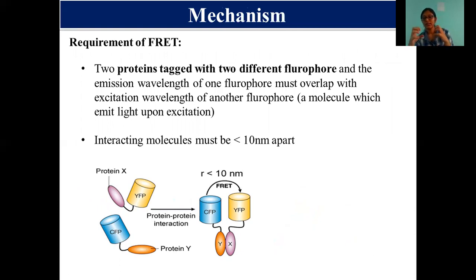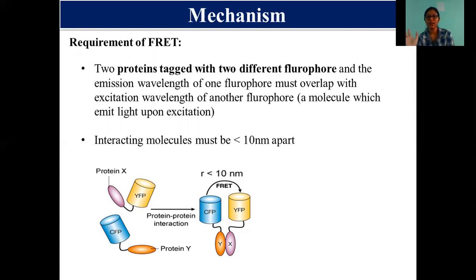The two interacting molecules must be less than 10 nanometers apart. This means the distance between the fluorescent molecules labeling the two interacting protein molecules must be less than 10 nanometers, or it should be 100 angstrom. Then only you get the overlapping spectrum. Otherwise, you can't get the overlapping spectrum, and FRET will not occur.